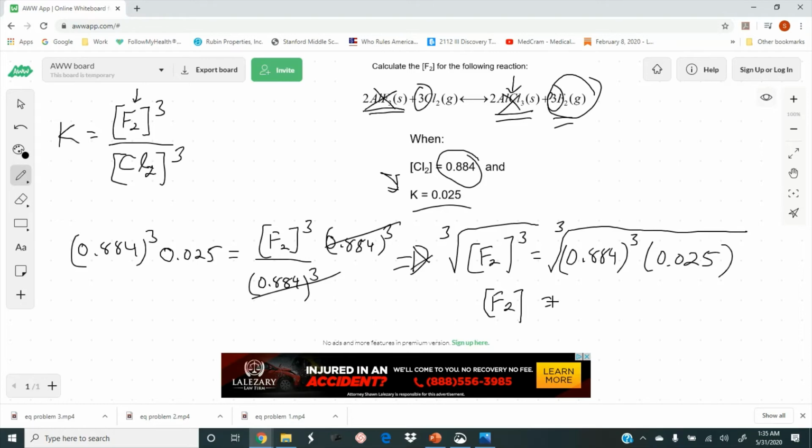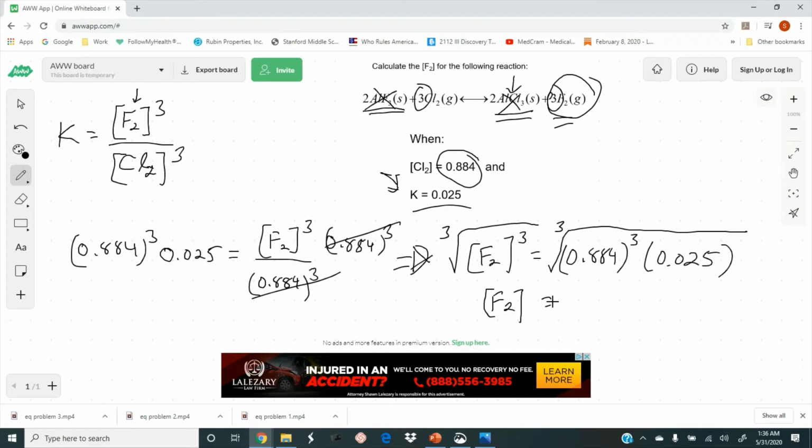The hardest part is the fact that I'm having a hard time seeing here. Okay, now that we found our third root button, I guess I could have also done x to the 0.333 or 1/3. But when I get my third root, I end up with 0.258.